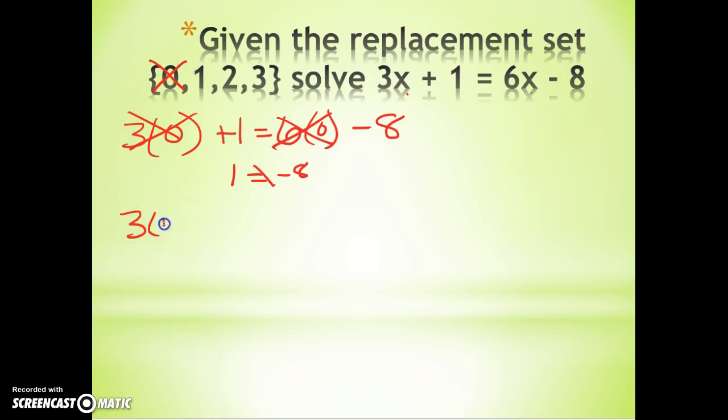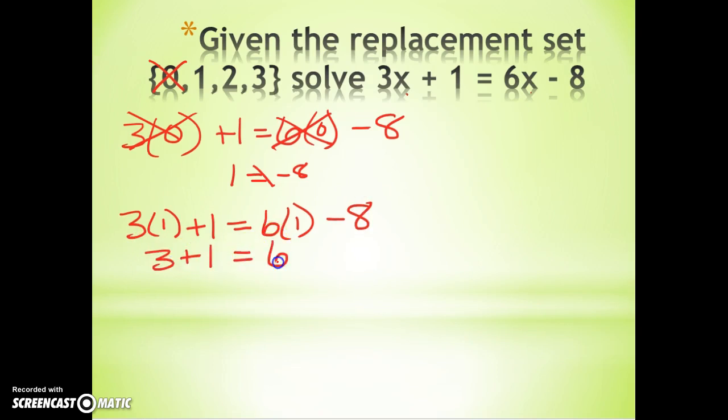Let's try 1. I'll insert 1 there instead of x. 3 plus 1 is equal to 6 minus 8. No, 4 does not equal that. 1 is not the correct answer.